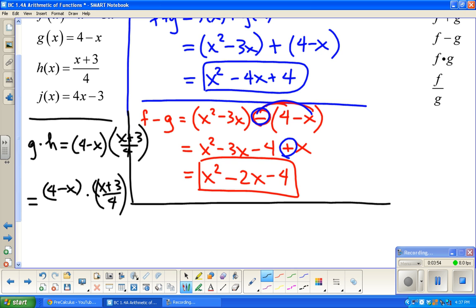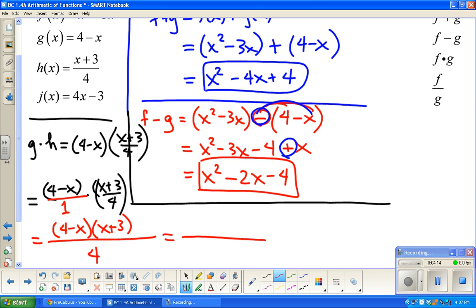Now there are a number of ways to handle this, but in terms of simplifying, it's worth noting that this is like over 1. So I can treat this as 4 minus x times x plus 3, all over 1 times 4, which is 4, just following the rules for multiplication of fractions. Then you can distribute all of this, or as some of you have referred to, foiling. 4 times x, outer would be 12, inner would be minus x squared, and then last would be minus 3x.